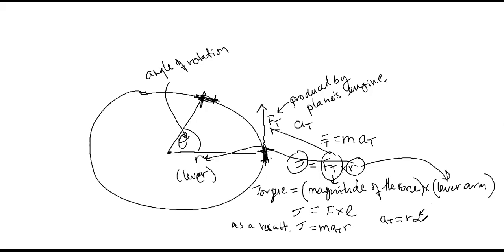And what is the alpha here? Again, it's a new term that you didn't learn before, but I have to explain it. This is angular acceleration. Let me define angular acceleration, because that will be important later on.